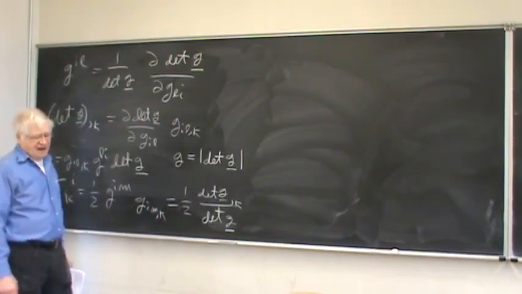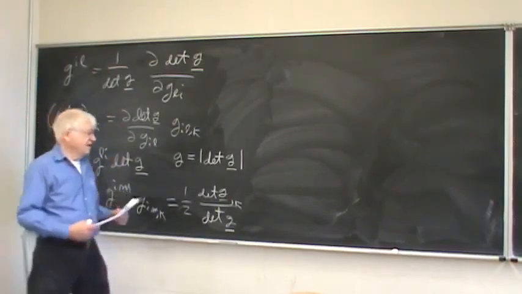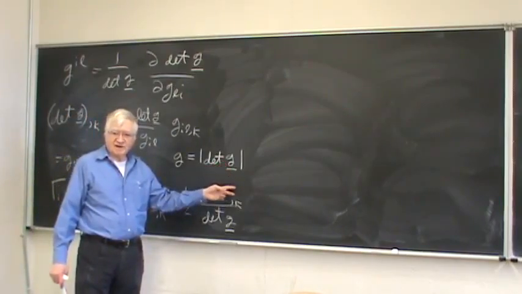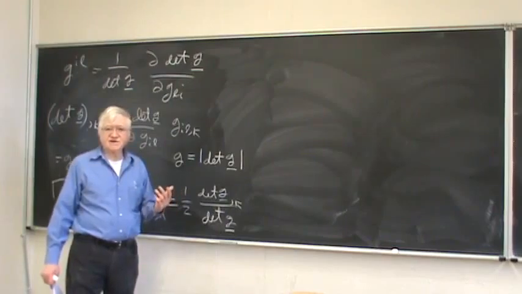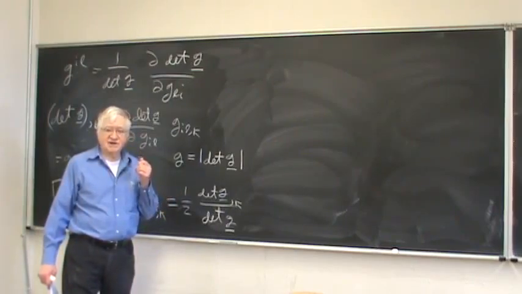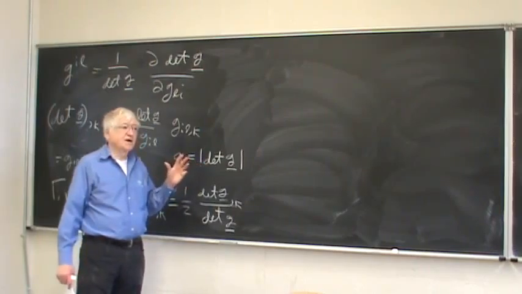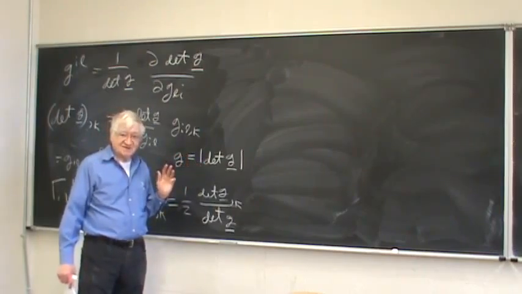And you might say, why absolute value? Well, because this thing is -1, 1, 1, 1. So generically, the determinant of the metric tensor is negative. So we want an absolute value because we like things to be positive.